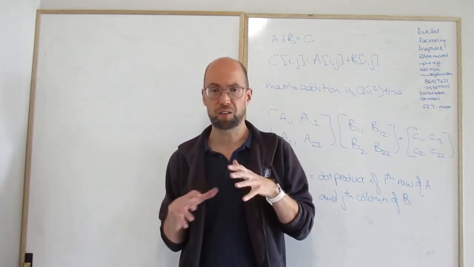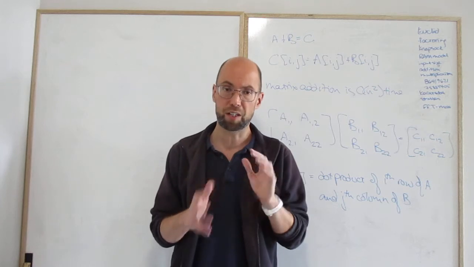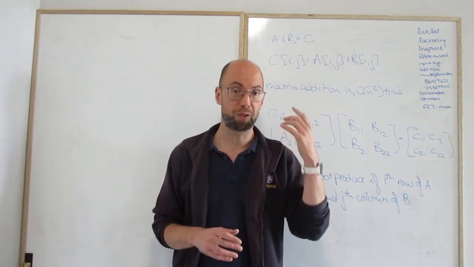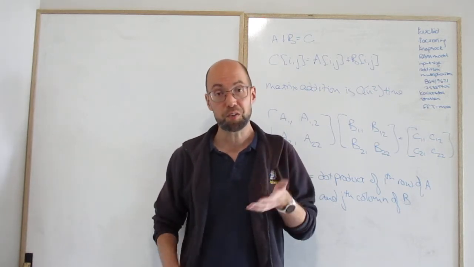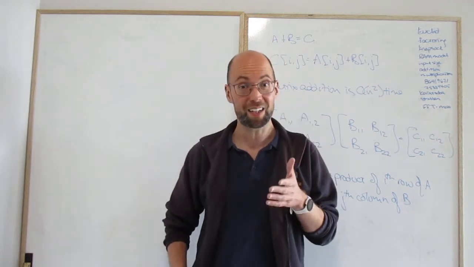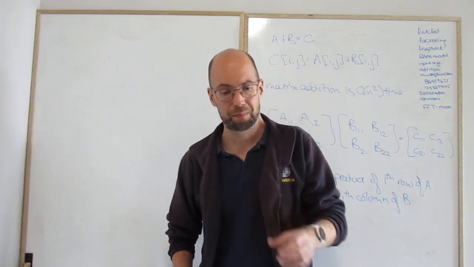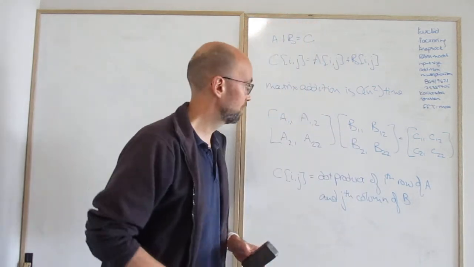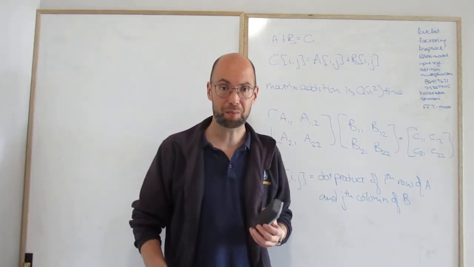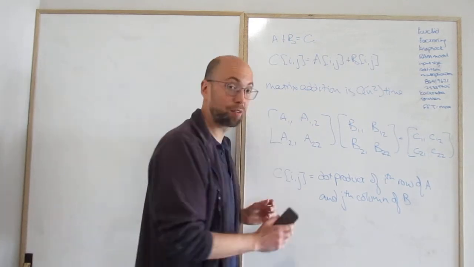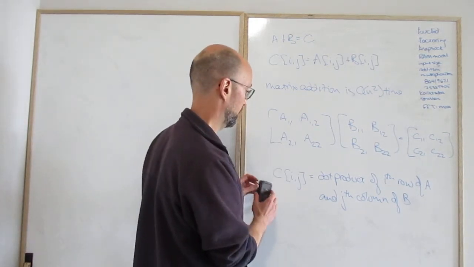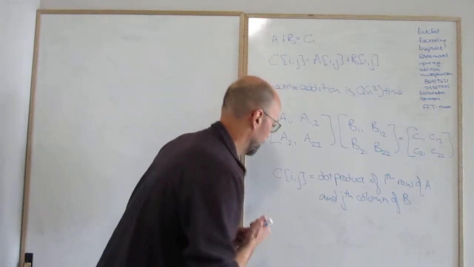So if you're training neural networks or something like that, or doing PageRank, multiplying matrices is not easy. So let's see if we can do better. The standard algorithm is cubic time.